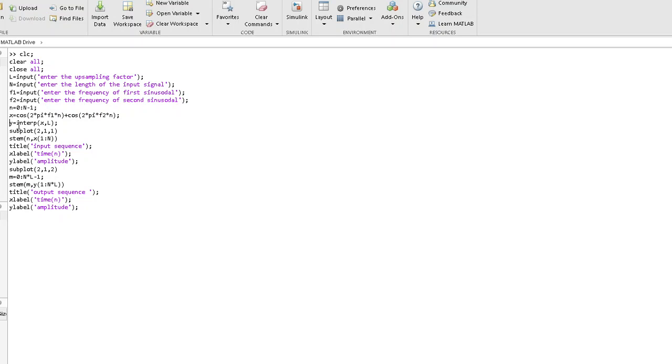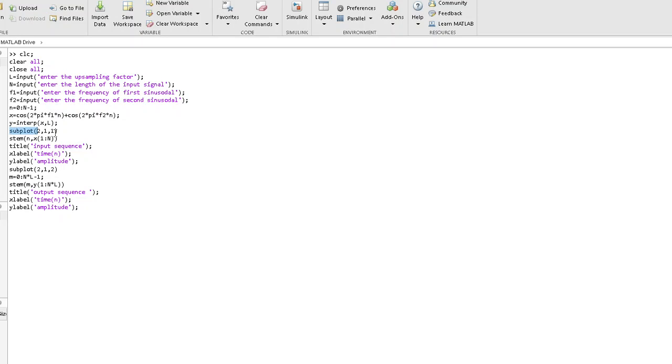Next, for the y variable, the value of the interpolated input will be stored. We're going to use the interp function, which is for interpolating. The parameters of that function will be x, which is the input sequence, and L, the upsampling factor that the user would enter.